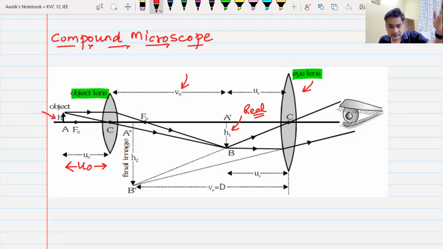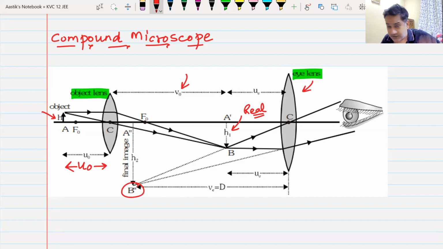So the first lens creates a real image. What about the second lens? Does it create a real image or does it create a virtual image? Virtual image. It creates a virtual image.